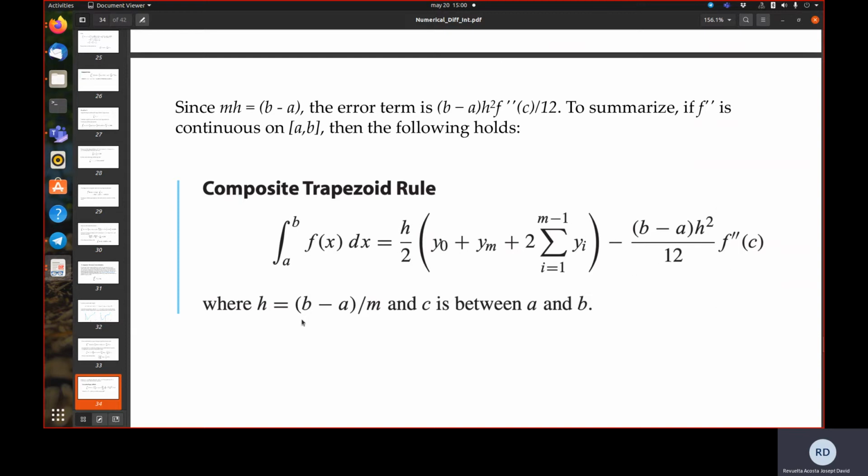And then h, pay attention, h is going to be equal to b minus a divided by m, where m is equal to the number of panels. And c is, of course, between a and b. Okay, so be aware of this thing because it's important to be able to characterize the main terms and also the approximation terms and the error term.